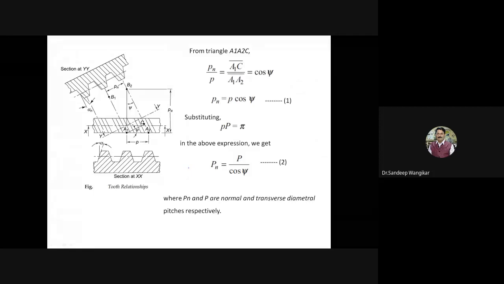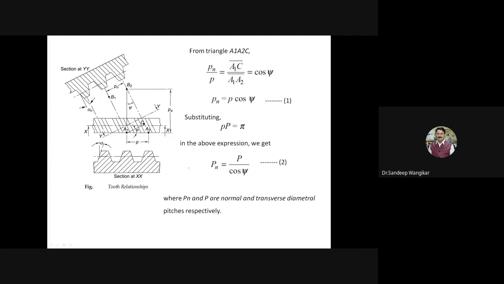Now all the things I have explained, just draw the diagram. I will give you 3-4 minutes for drawing. Then we will go on to writing the tooth proportions one by one. So let me know after your diagram is over. Draw the diagram and give the heading terminology.